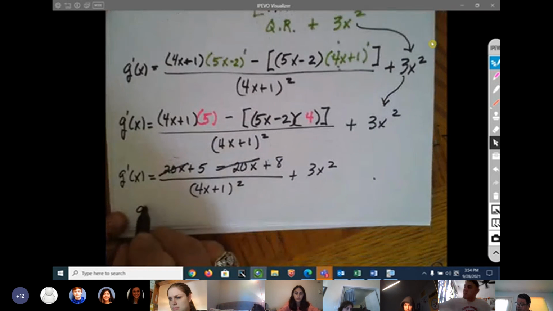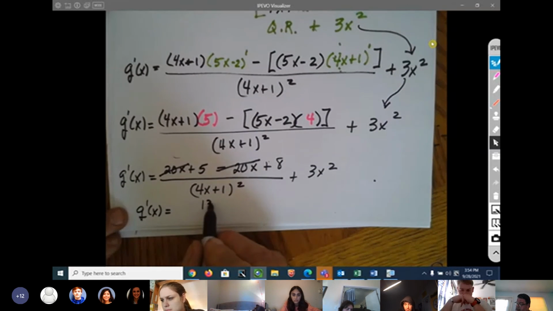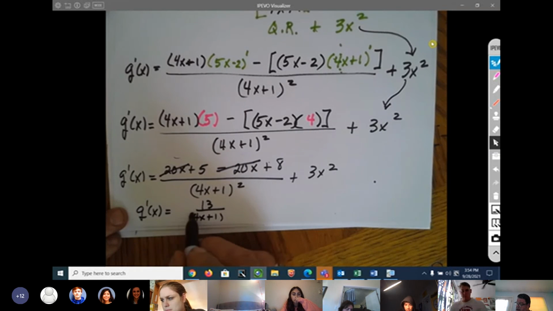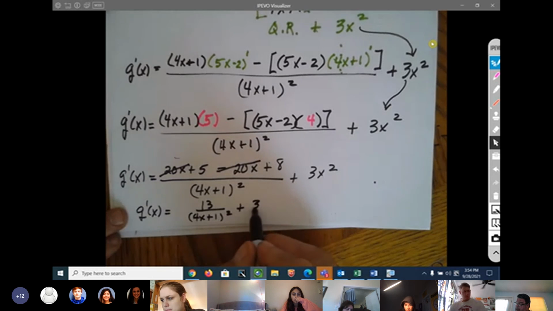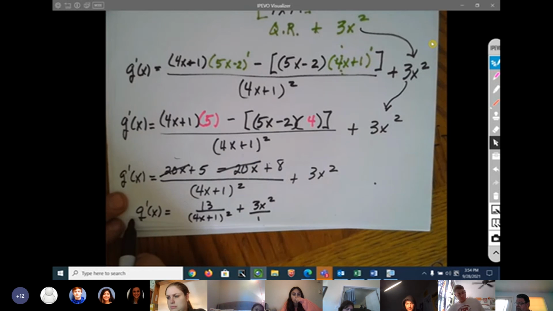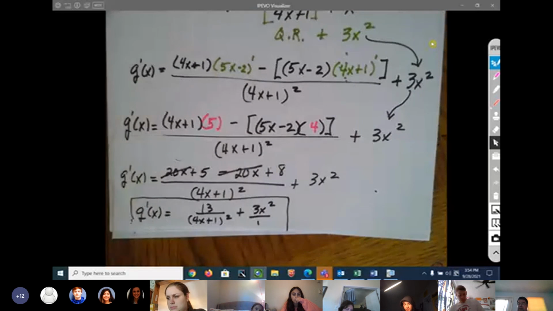So g prime of x is equal to 13 over (4x plus 1) squared plus 3x squared over 1. In this case, they might get a common denominator of (4x plus 1) squared.